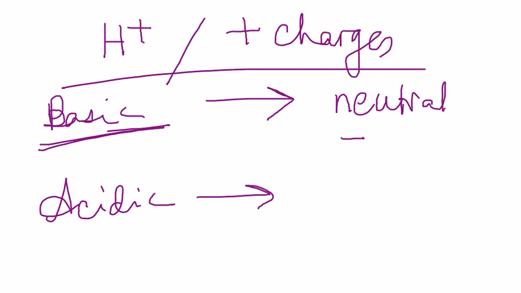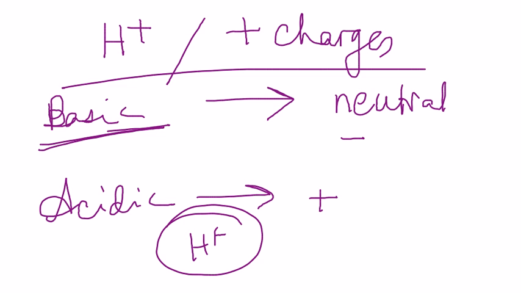You will have to show everything positive or neutral. The reason I say this is, let's say you have an acidic condition. That means you have a boatload of protons around. What that means is any source of electrons, such as a negative charge, is going to get protonated very, very quickly. So whenever you have lots of acid in the reaction mix, you will not draw intermediates with negative charges.